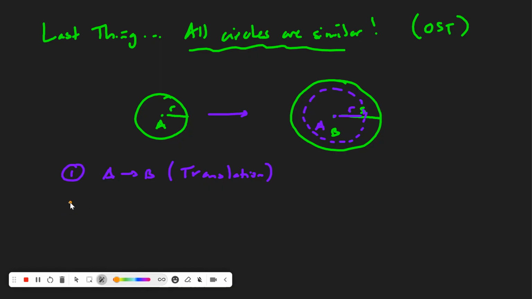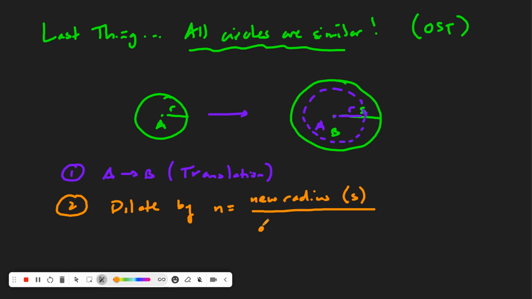Then, step 2, we would dilate the new circle A by a scale factor of n equal to the new radius in this problem, which would be S, divided by the old radius, which would be R. When I do that, circle A becomes big, and it goes on top of circle B, and that would be the similarity transformation to move circle A onto circle B. Again, all circles are the same shape.